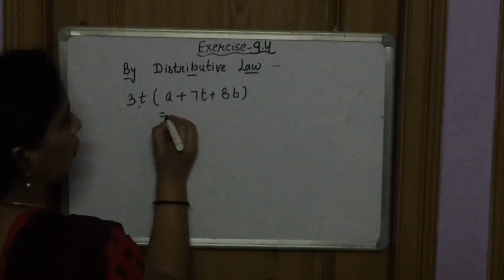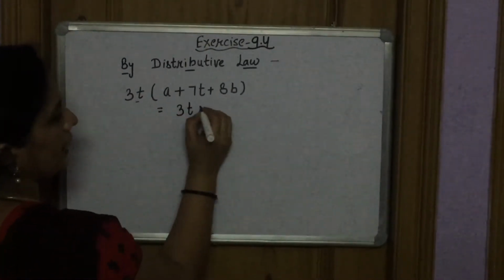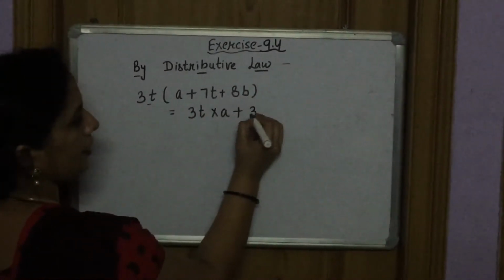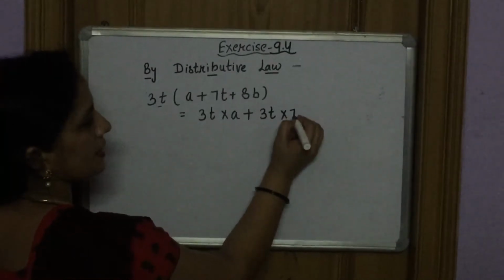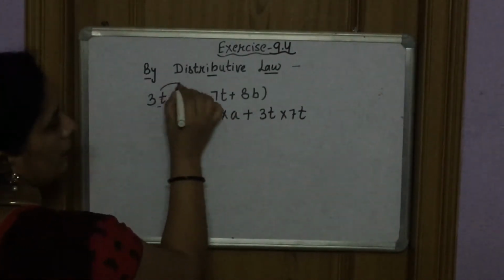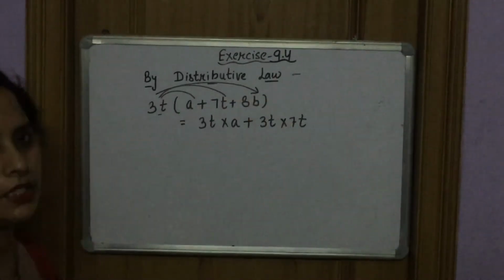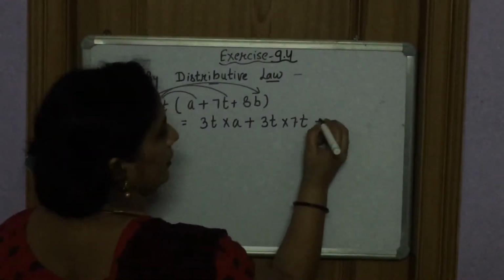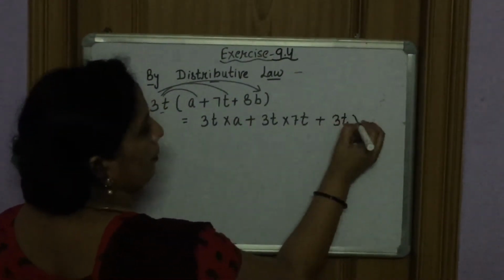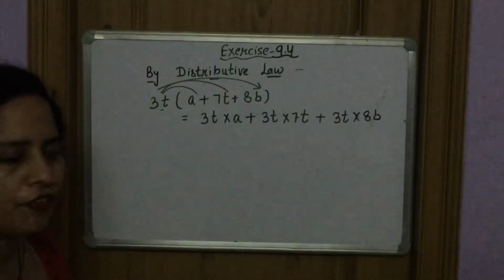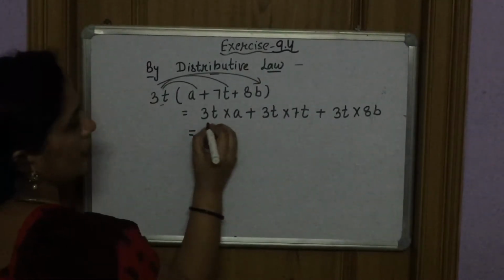That means 3t multiply a, plus 3t multiply 7t, with the first term, with the second term, and then with the third term, 3t multiply 8b.